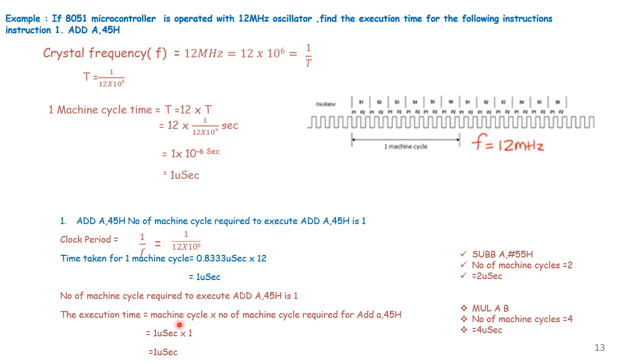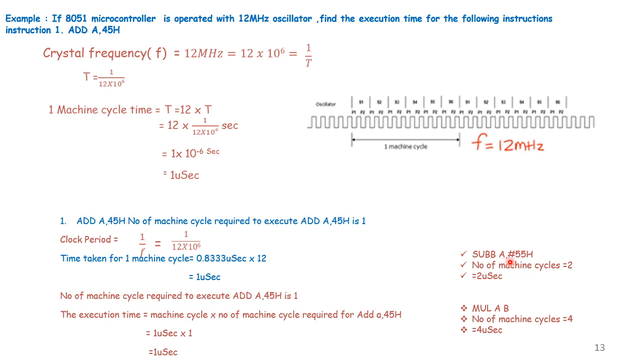So execution time is given by the machine cycle time multiplied by the number of machine cycles required for ADD A, 45H. Here the machine cycles required is 1, multiplied by 1 microsecond, so the product is 1 microsecond. So 1 microsecond is the execution time for the ADD instruction.